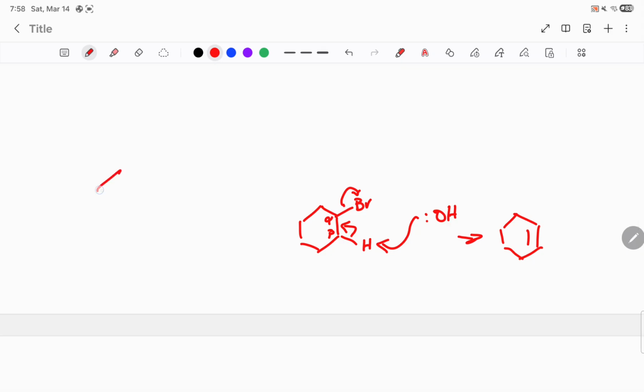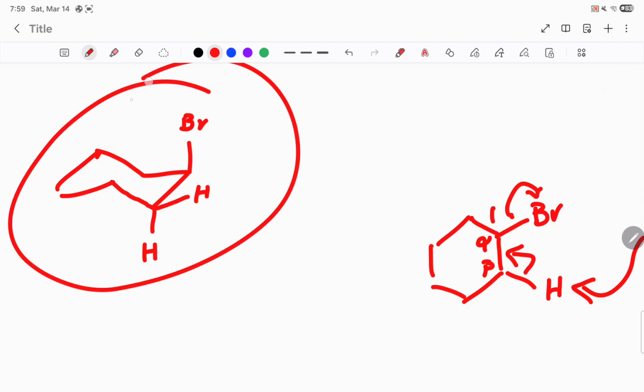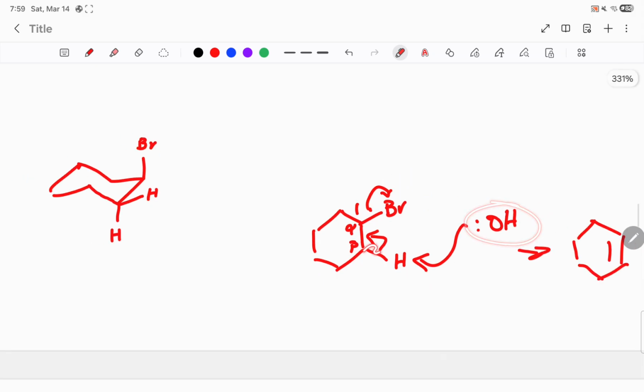If I were to draw a chair conformation of these two, and here's the chair conformation for it. Again, notice I simply converted this into its chair format. Here's our bromine, and here is my hydrogen. But notice there's two hydrogens here. This one's omitted. How do I know which of these hydrogens is going to be taken by my OH minus? Is it this one or is it this one?